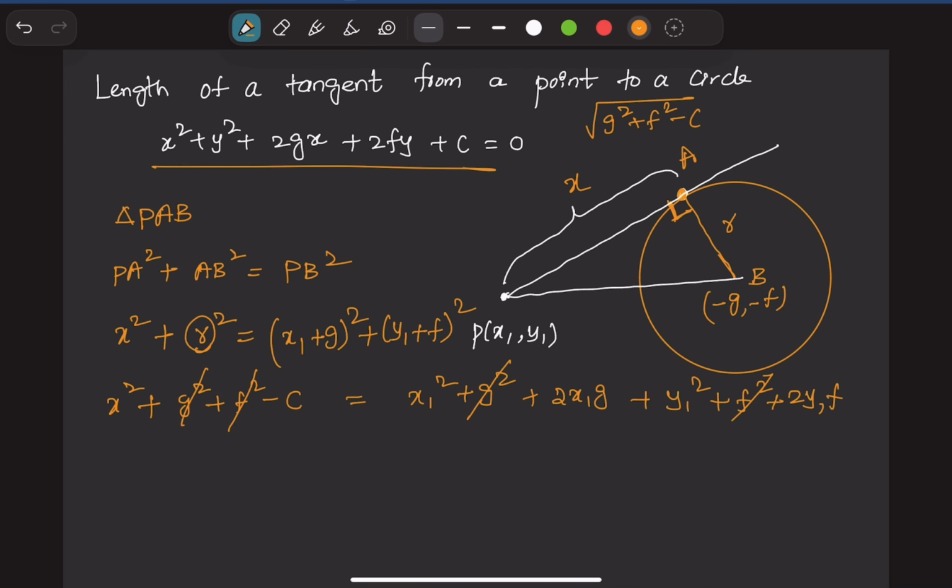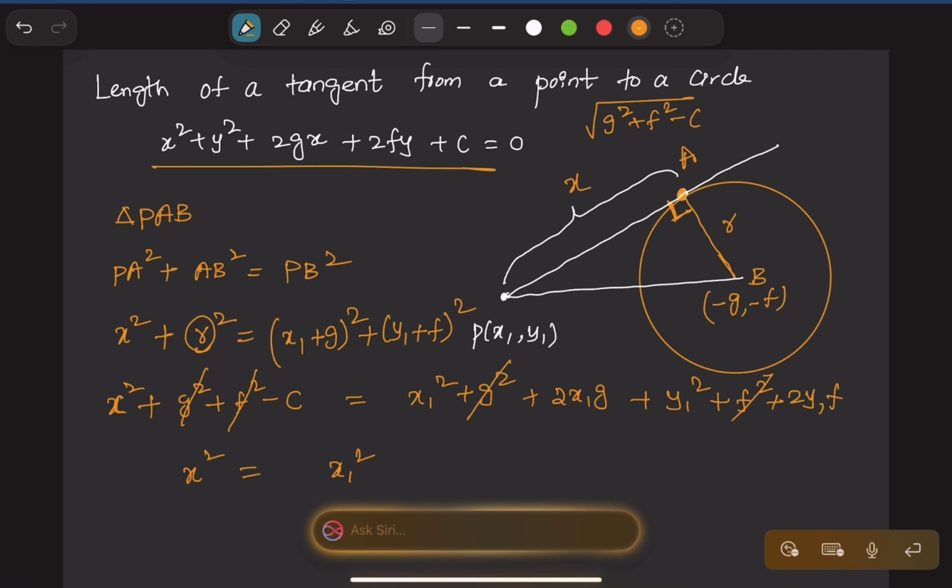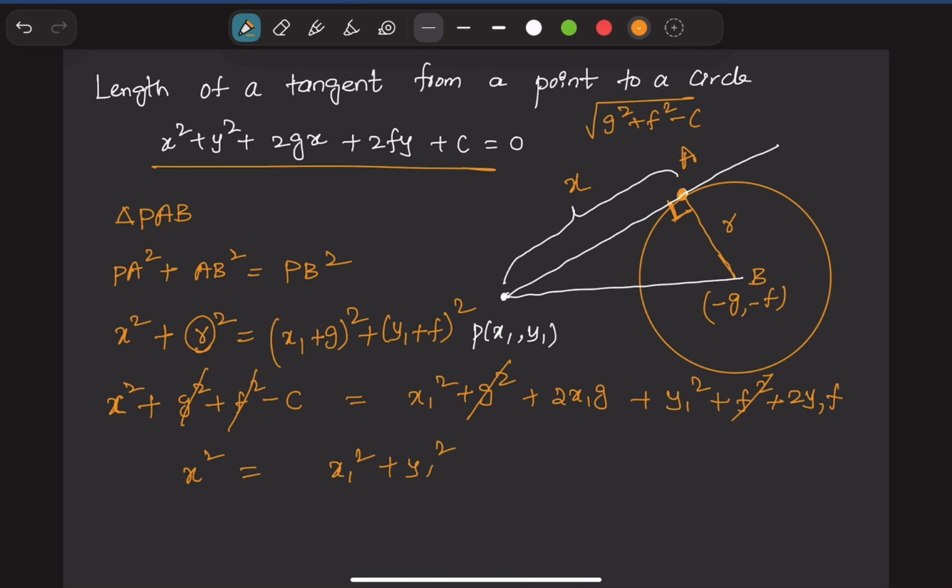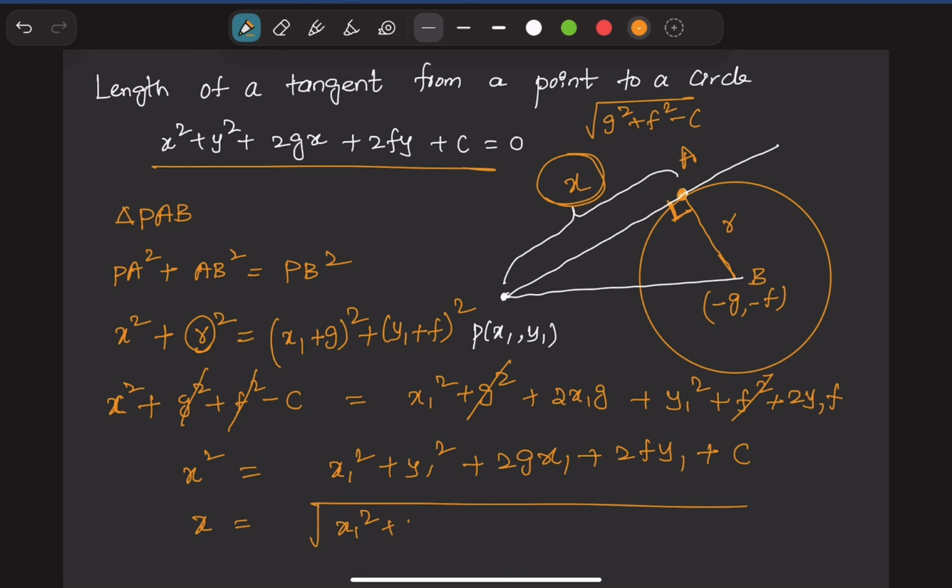And so the x square that you have to find out is simply x1 square plus y1 square plus 2gx1 plus 2fy1 plus c. So x, your length of the tangent, is simply square root of x1 square plus y1 square plus 2gx1 plus 2fy1 plus c, where the circle is x square plus y square plus 2gx plus 2fy plus c equal to 0.